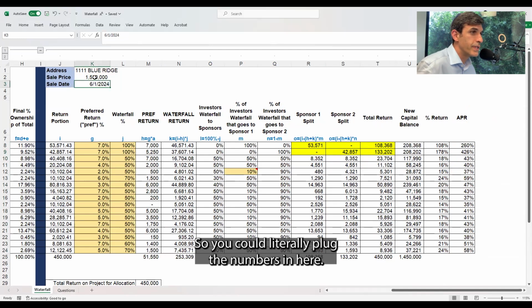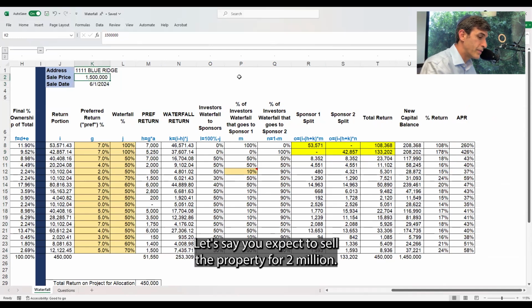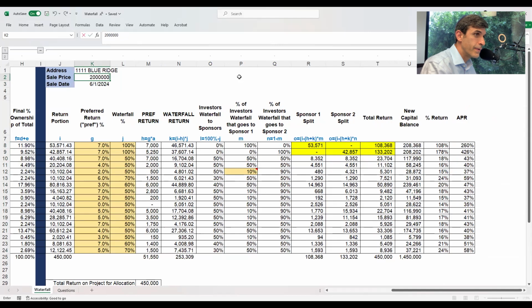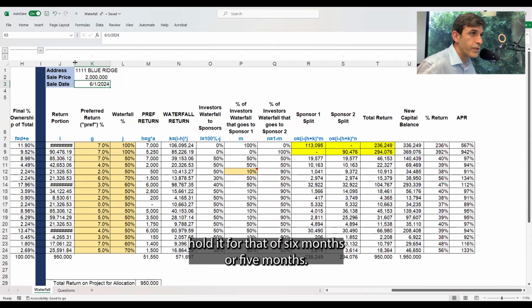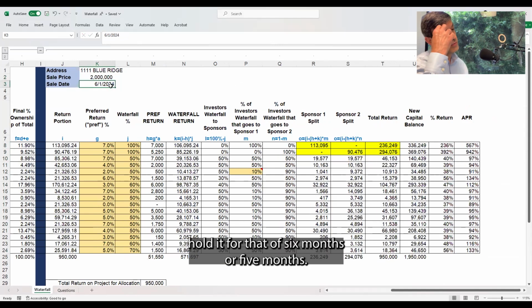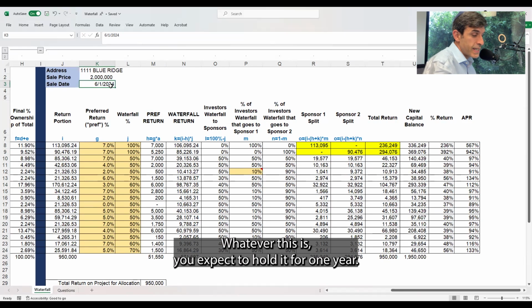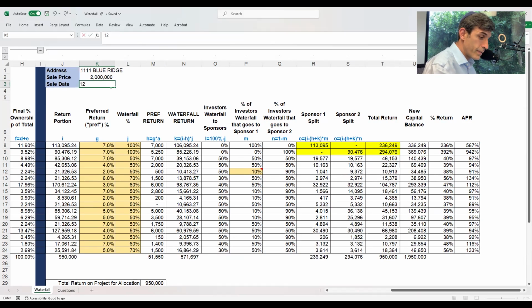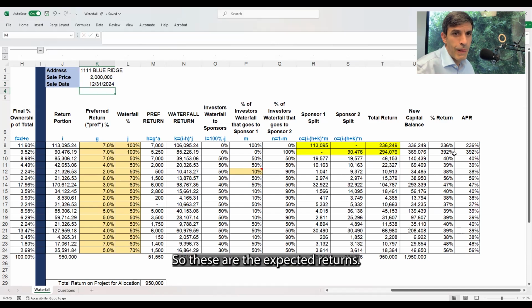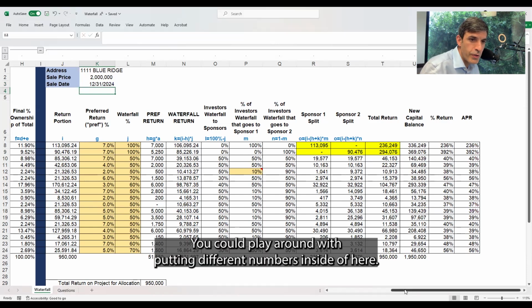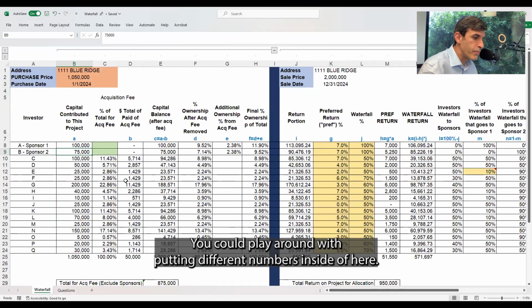You could literally plug numbers in here. Let's say you expect to sell the property for $2 million. Let's say you expect to hold it for 1 year, instead of 5 or 6 months. So these are the expected returns. You could play around with putting different numbers inside of here.